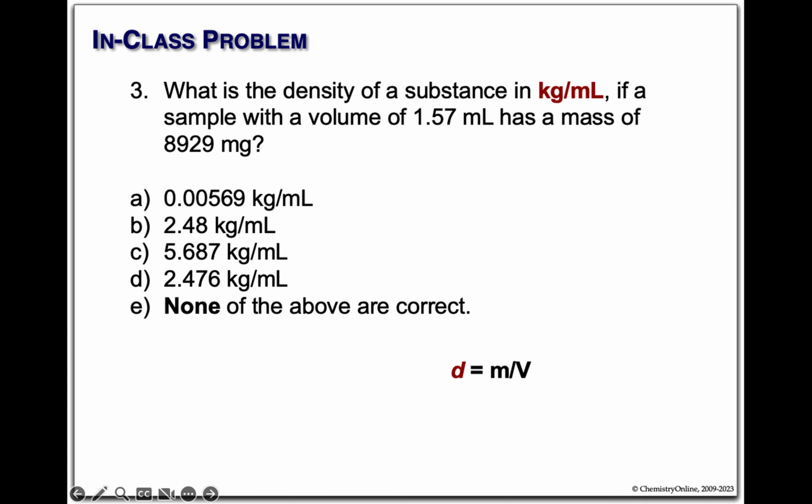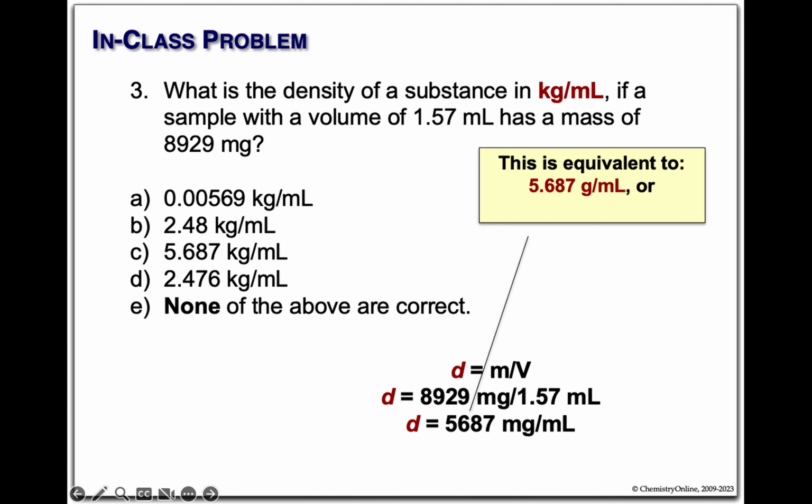Our density is mass divided by volume. Here's our mass in milligrams. Here's our volume. I did the division here. Our answer in milligrams per mil is 5687.